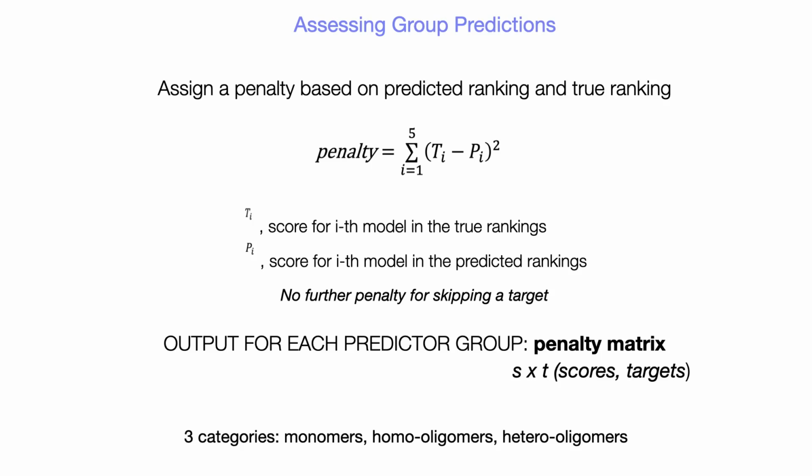It turns out that it's actually quite interesting to do the analysis divided between monomers, homomers, and heteromers. If we pool them all together, there are some interesting nuances that get diluted. So I'm just going to show the results in these 3 main categories.